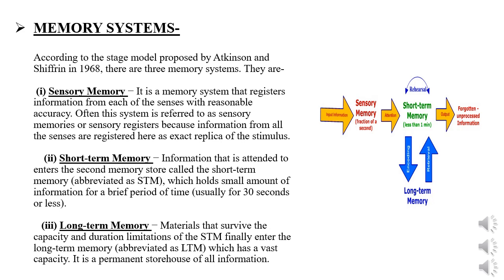In short-term memory, the capacity is 7 plus minus 2, that is 5 to 9, and it holds information for a very brief period of time, usually 30 seconds or less. So the duration of short-term memory is less than 30 seconds.